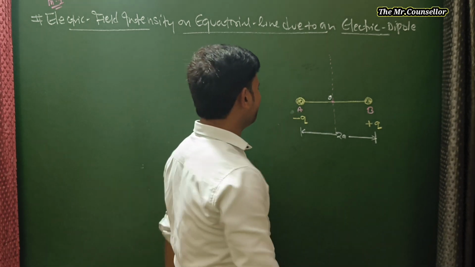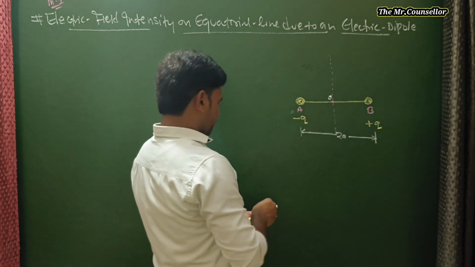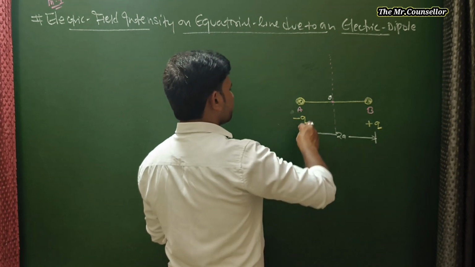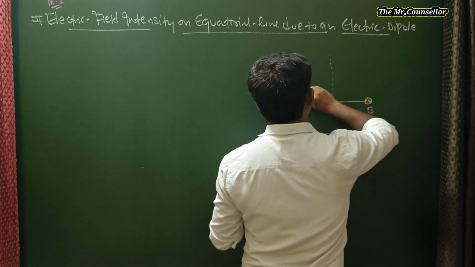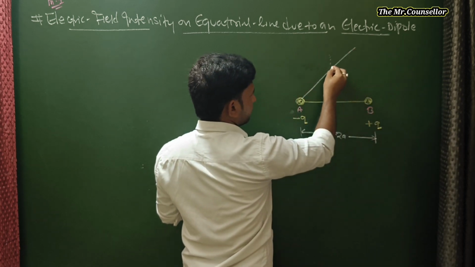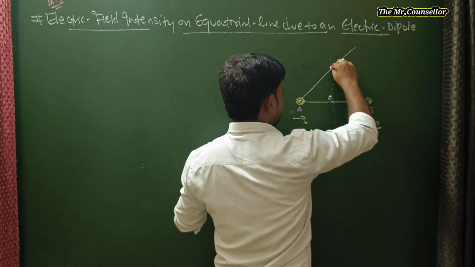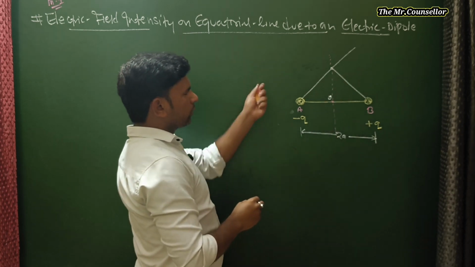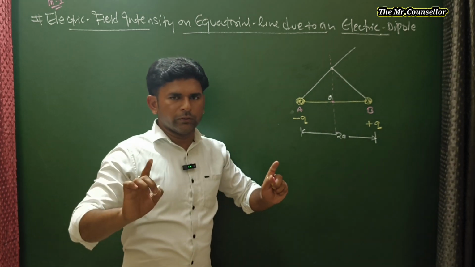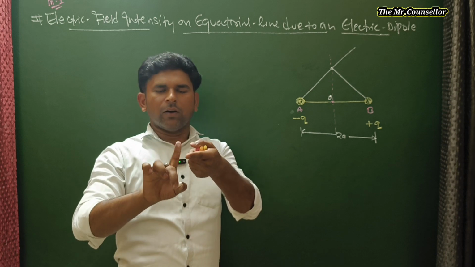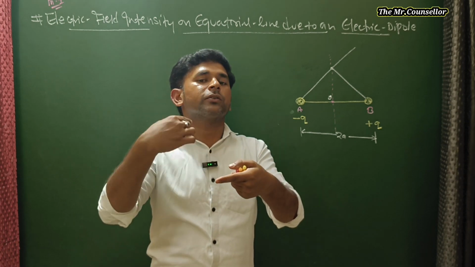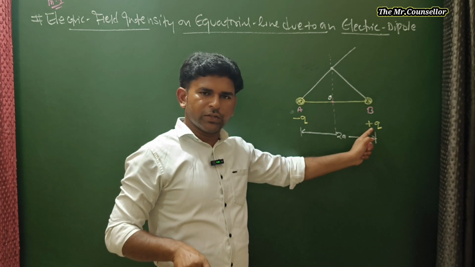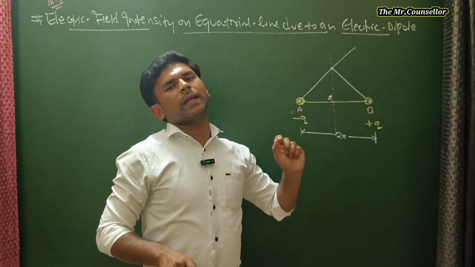Okay. Now what we are going to do is find the electric field here. You know very well that the direction of the electric field is always away from the positive charge and towards the negative charge.